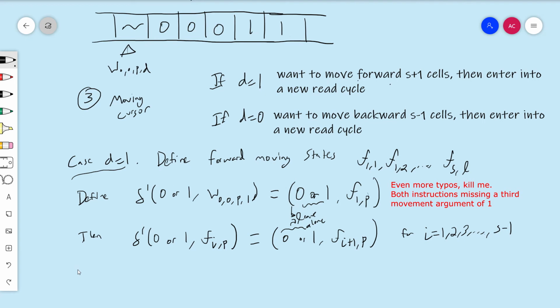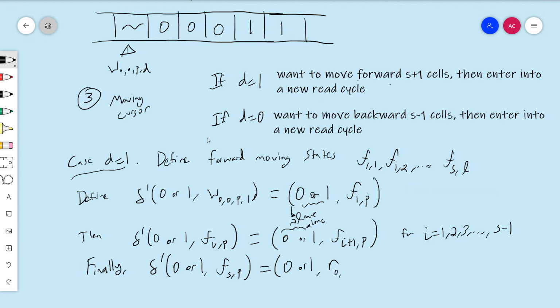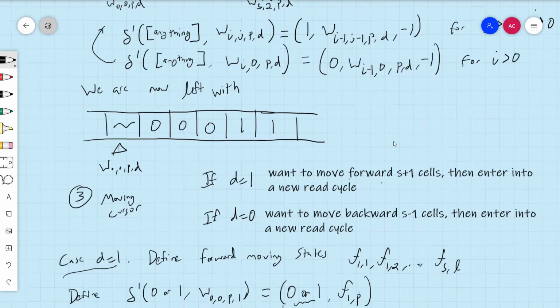And then finally, delta prime of 0 or 1, F_{S,P}. Once I get there, I want to move forward one more time and then transition into another read phase. So 0 or 1, again, leave alone. And then I'm going to transition into R. R0, actually, how did I start? I want to make sure I started correctly.